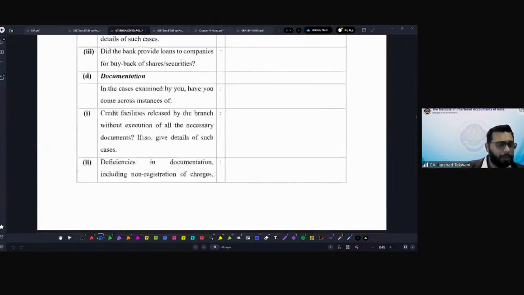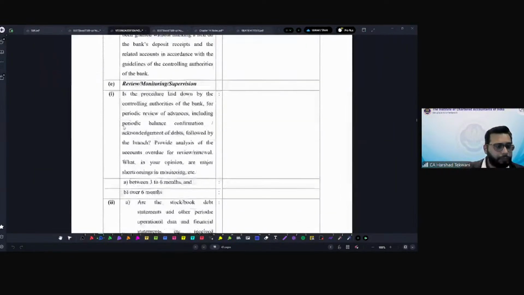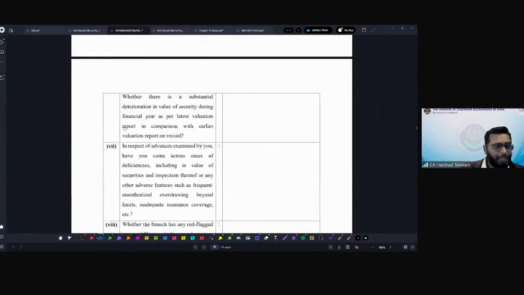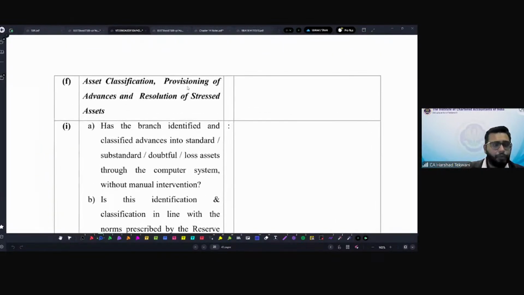For example, I'll go to the NPA one. There is a separate NPA reporting requirement: asset classification, provisioning of advances, and resolution of stressed assets.